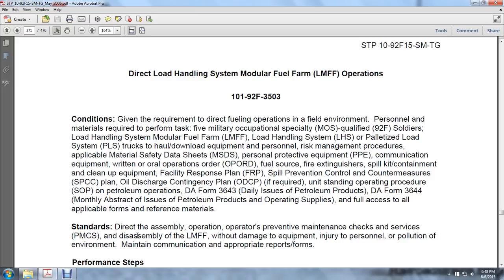the Load Handling System, the Palletized Load System trucks and hauling and download equipment and personnel.